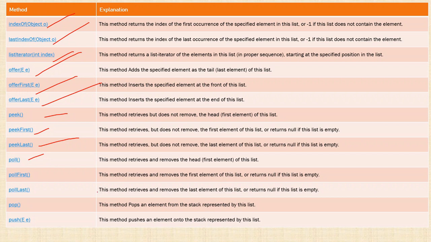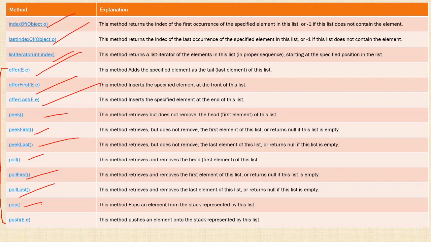And poll first, this method retrieves and removes the first element of this list or returns null if this list is empty. So these all methods are from the Deque interface. Poll last is also there.